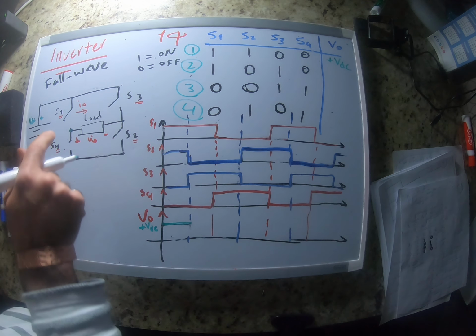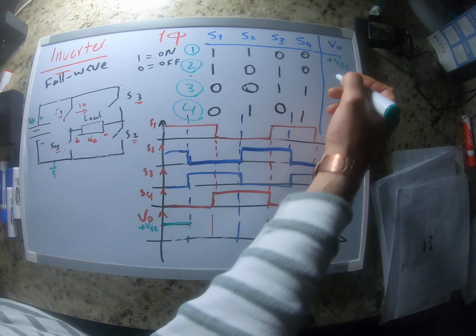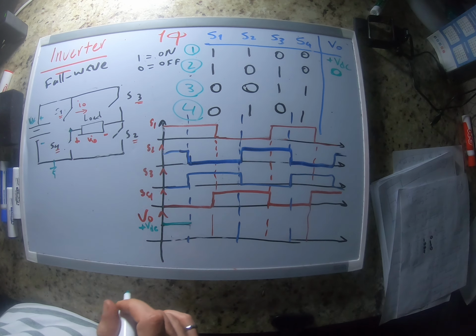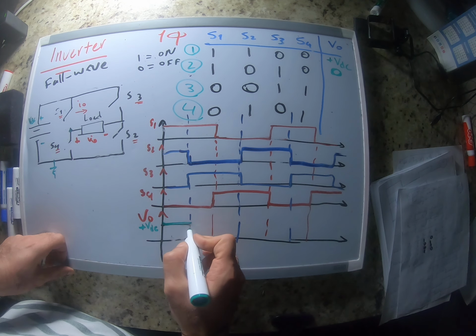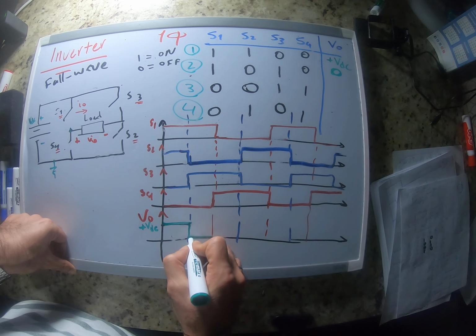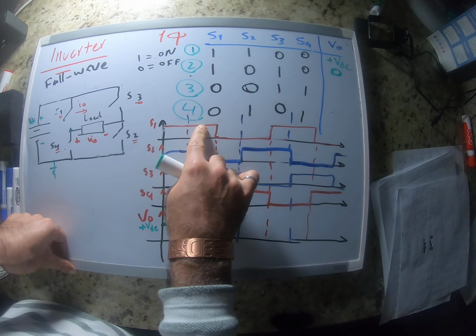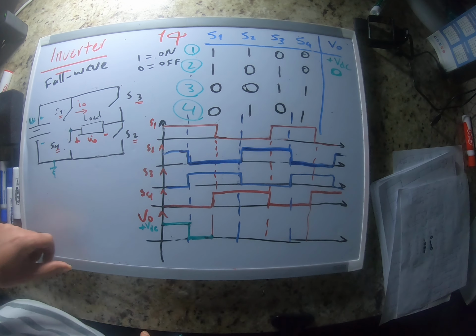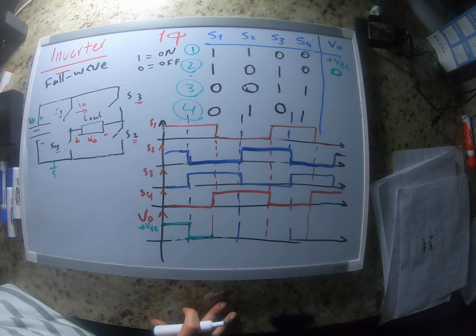It might sound weird why we want a 0 voltage here, but later on when you calculate the RMS value, you'll see why we do that. When S1 is on and S3 is on, we have a 0 voltage here.